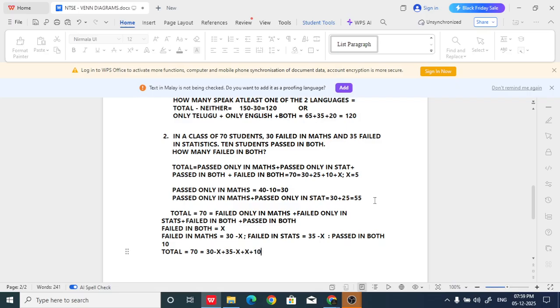So now you find out what X is. Bring all X to one side. X is equal to 70 minus 30 minus 35 minus 10, which equals 5. So people who have failed in both is 5.